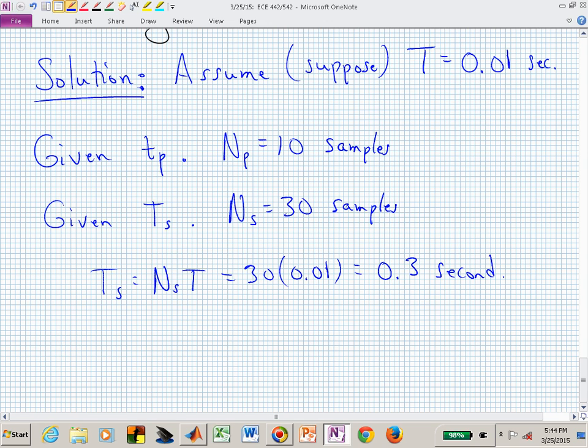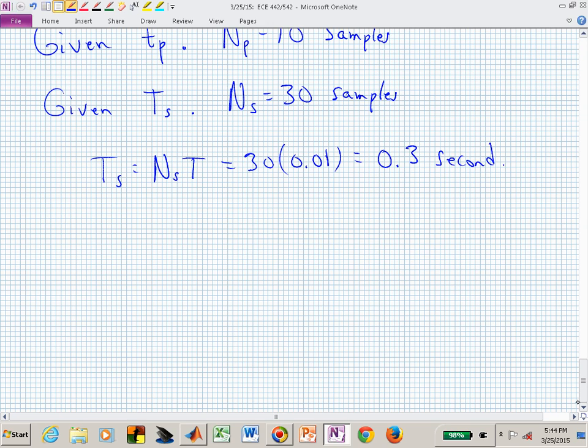Let's go ahead and find that. You could just find a formula, but let me just go ahead and rederive that. We know this relationship, that's based on the 1% settling time.